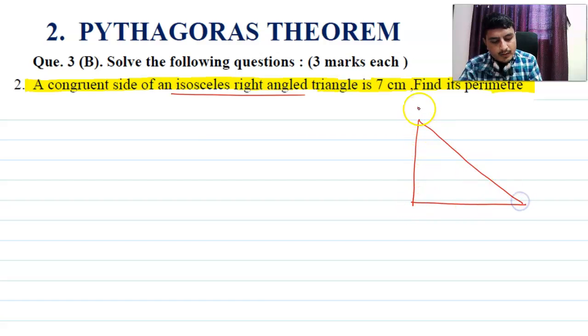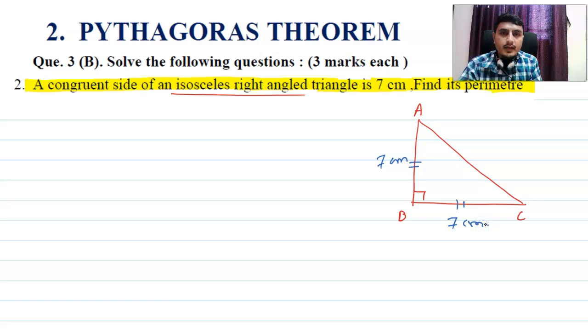Let us assume that the right angle triangle is ABC, which is right angled at B. And if any two sides, that means the pair of perpendicular sides, are congruent, then we can say that the given right angle triangle is isosceles also. So it is now an isosceles right angle triangle whose congruent sides are 7 cm and 7 cm. That means AB and BC are both 7 each.